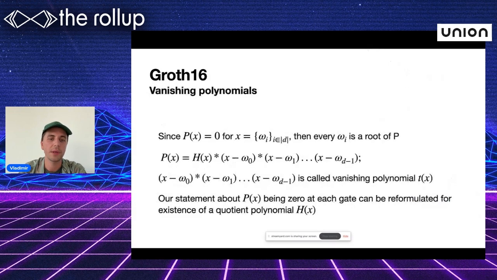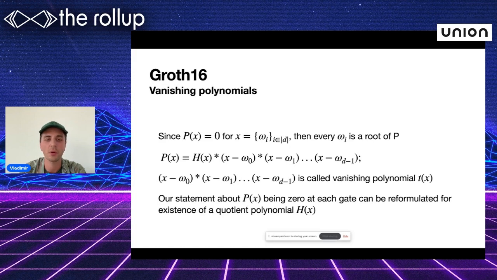So since P of x is equal to 0 at each gate, we can represent it as a multiple of some polynomial h of x and all the monomials which look like x minus omega i, where i represents all the indices of the gates.